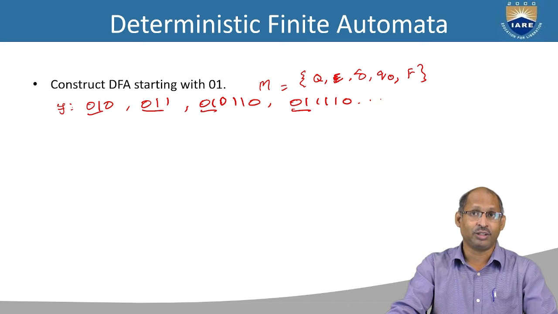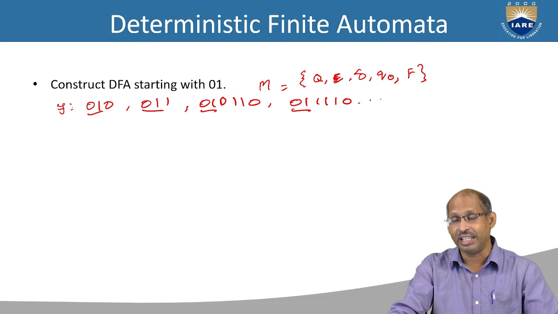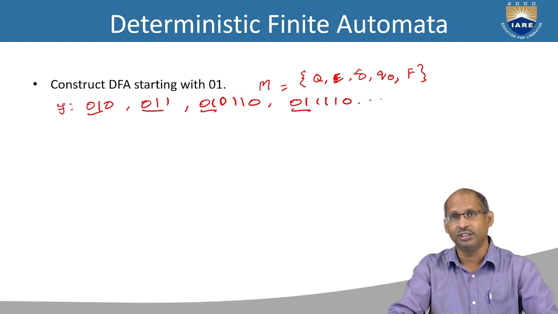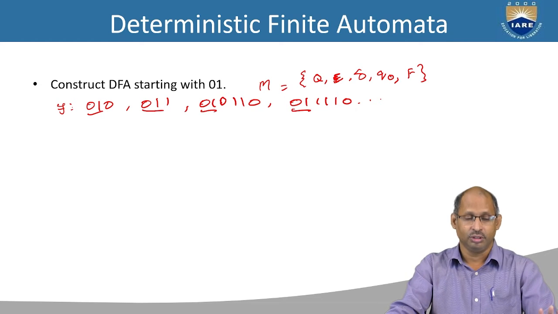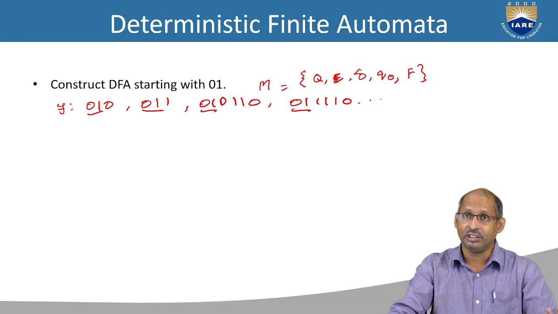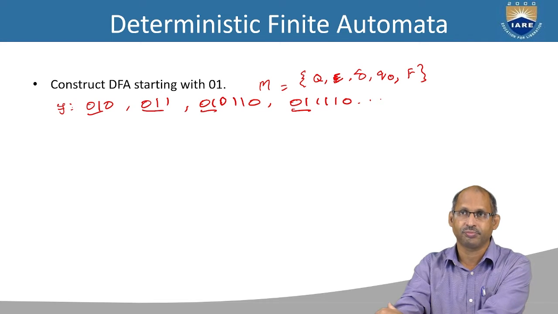They might ask a question where 01 is in the middle, or it should end with 01. So the symbol sequence 01 may appear at the start, in the middle, or at the end, at different positions. Right? So we'll check 01.